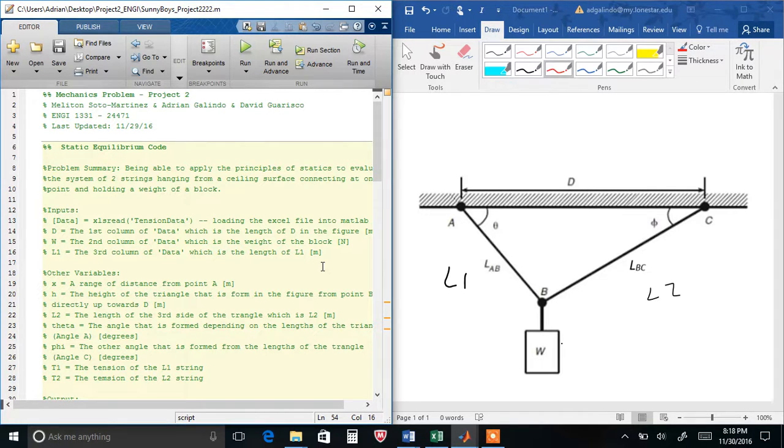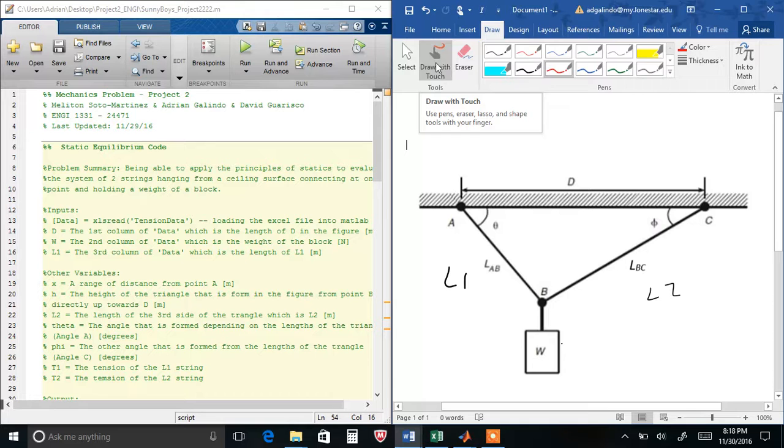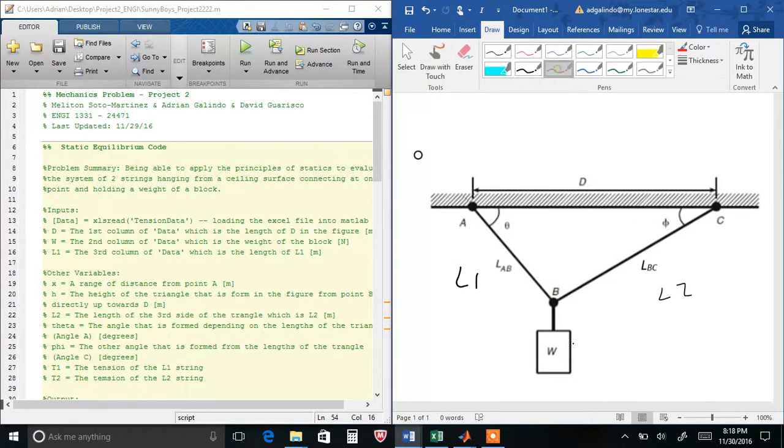If you look right next to the code, you see this figure, and we're going to be solving for this tension and this tension. These are two strings, and in this figure, we're solving for the tensions. But it's not just the tension, it's actually the max tension and the corresponding lengths that represent it.